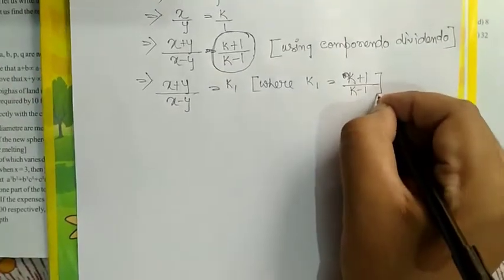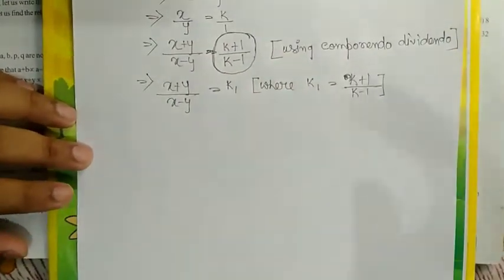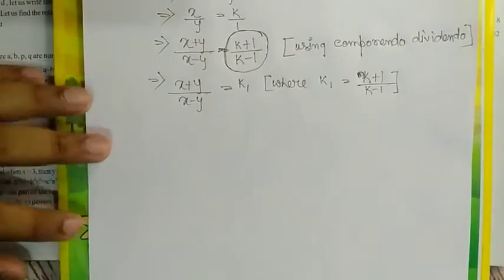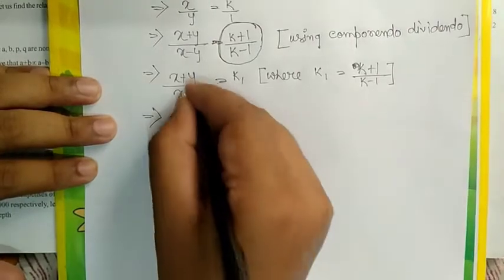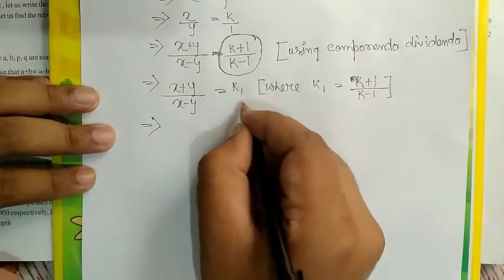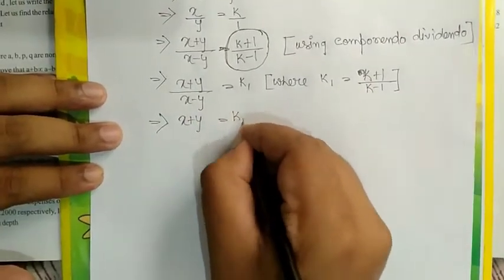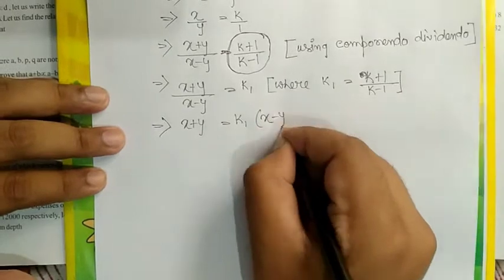These all are constants, so we can write k1, k2, k3 and it goes on. Now x plus y by x minus y equal to constant, so therefore we can write x plus y equal to k1 times x minus y.